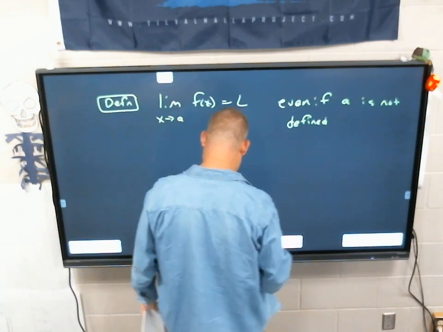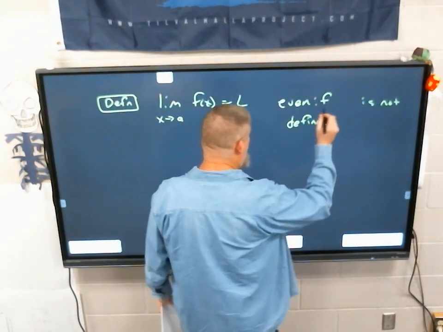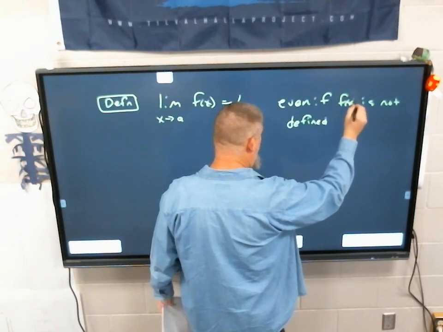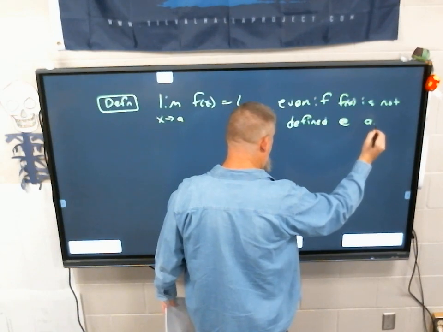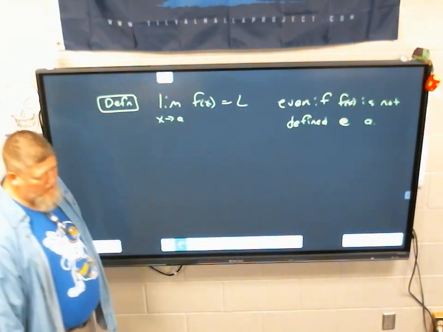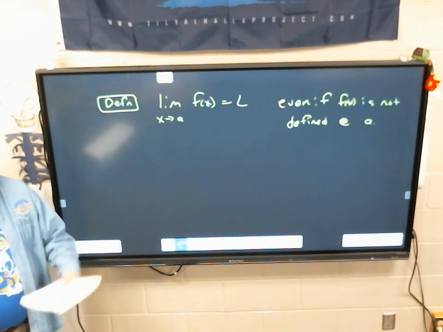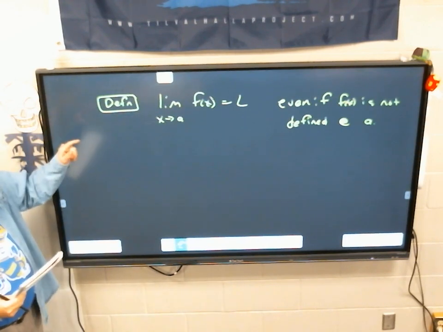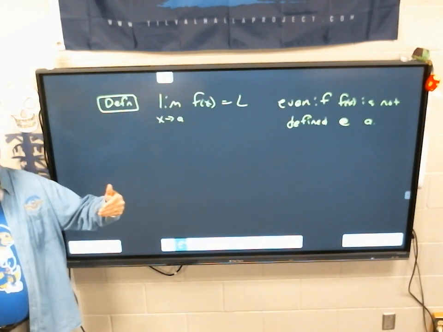I'm sorry, that didn't sound right when I wrote it and I still looked at my notes. Like in our last example, it's not defined at a, it's undefined. It's indeterminate, you can't do that. But even if that's the case, we can still find the value that it's approaching from the right hand and from the left hand.